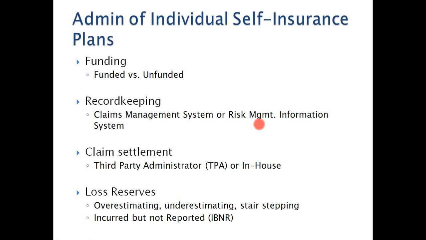Some of the smaller cities, a lot of public entities that maybe don't have a lot of claims, may use a third-party administrator for workers' comp, but on the general liability side, they may decide to do claim settlement authority in-house, and manage some of those claims just because the activity is so much smaller.